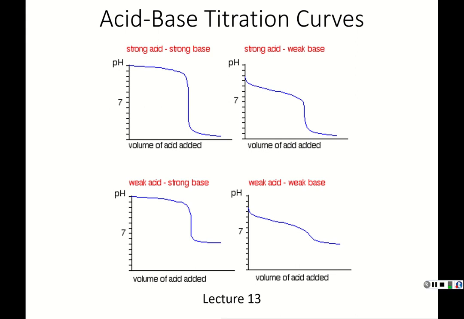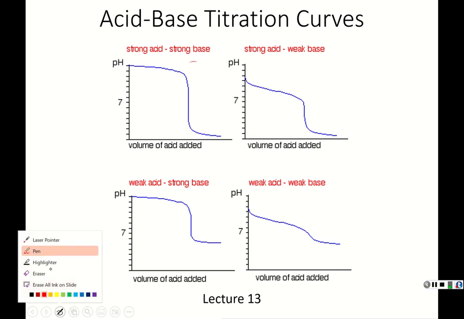Today what we're going to be going through is when you have a weak acid and a strong base, how that titration would look. And then the other options, of course, are if you have a weak base and a strong acid, that titration, or if you had a weak base and a weak acid. And the titration curves are, I think, summarized pretty well here on the title slide.